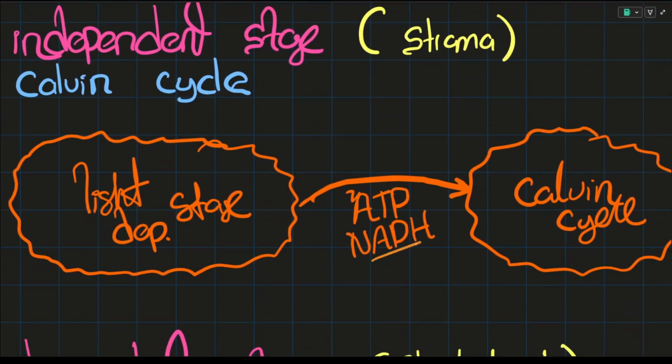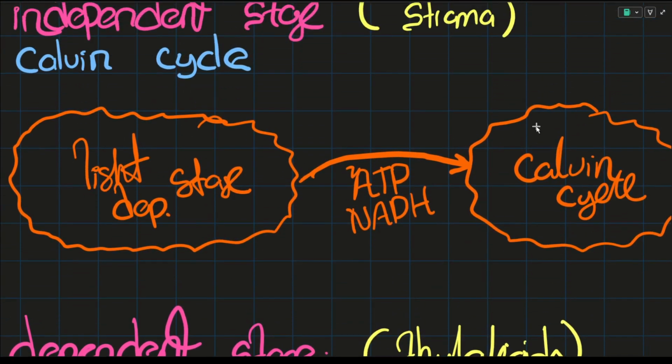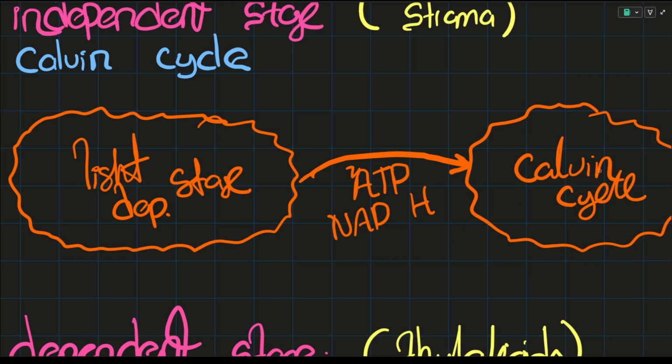And I specifically mentioned NADH because I didn't want to introduce the NADPH to you yet, but you have to know in photosynthesis we don't talk about NADH, we don't talk about reduced NAD, it's always NADPH. I wanted to give that distinction.